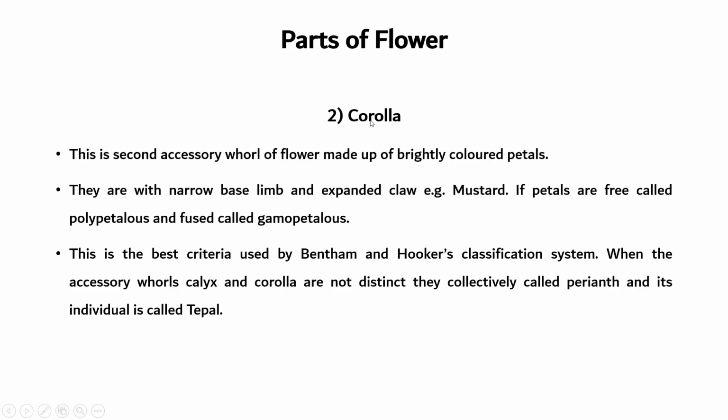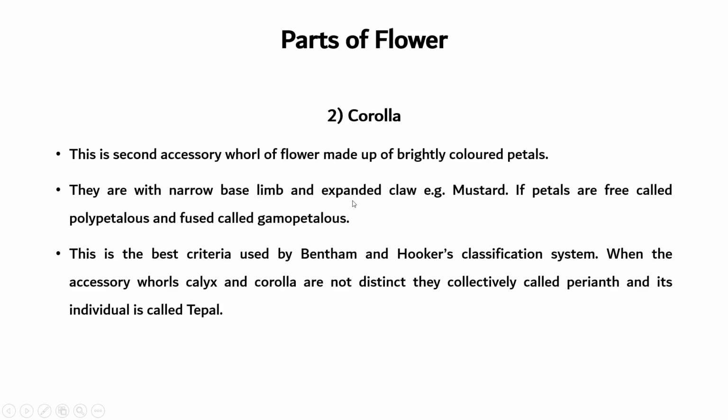The second part of the reproductive structure, that is the flower, is the corolla. This is the second accessory whorl of the flower, which is made up of brightly colored petals. That means petals are with a narrow base, claw and expanded limb.